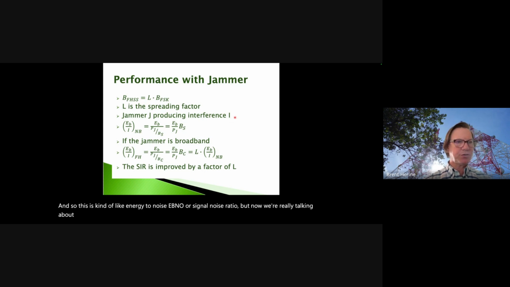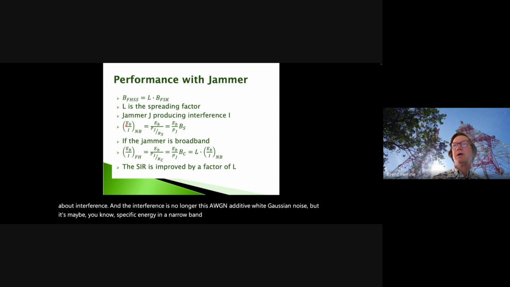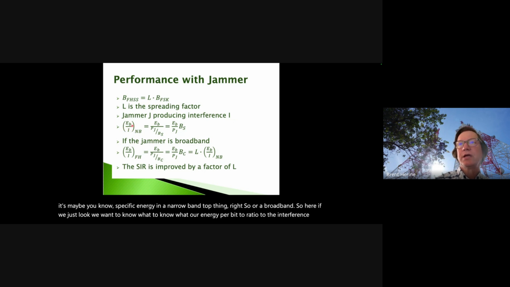And the interference is no longer AWGN, additive white Gaussian noise, but it's maybe specific energy in a narrow band type of thing, right? So, or a broadband. So here, we want to know our energy per bit to the interference energy ratio, and let's just look at it in a narrow band situation right now.